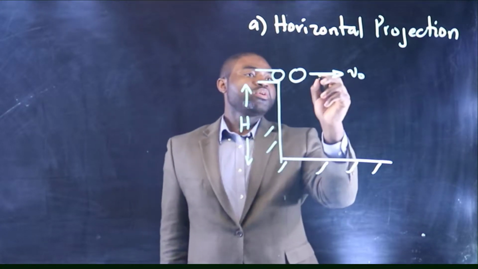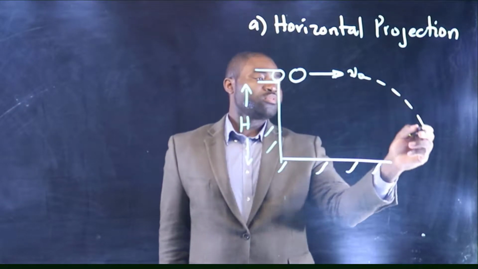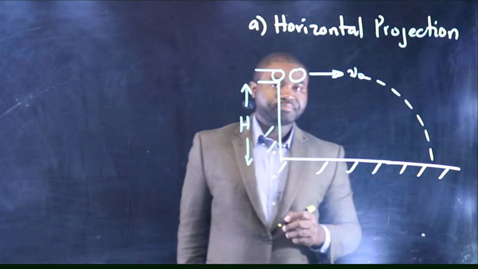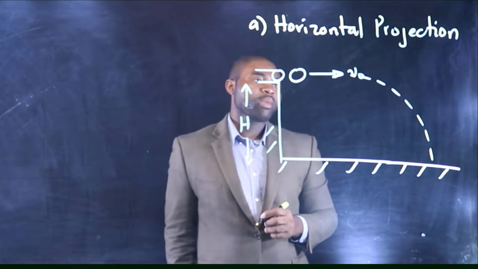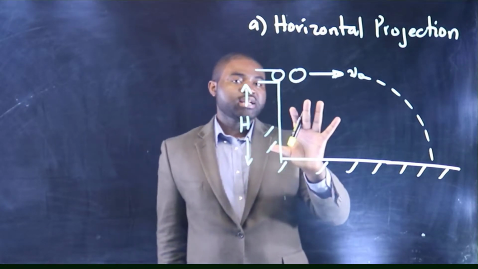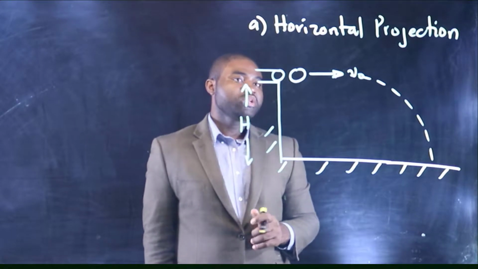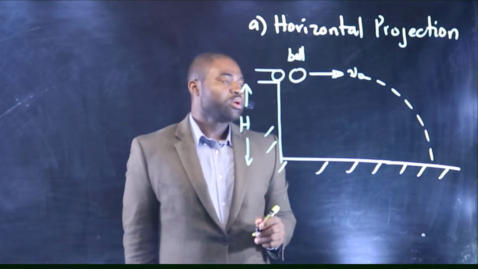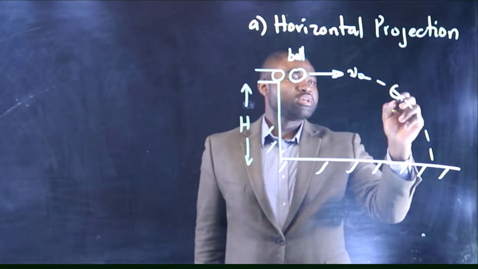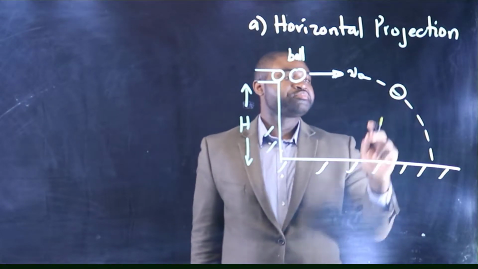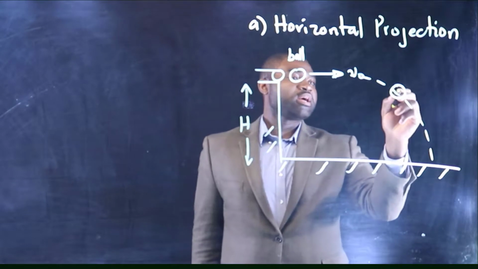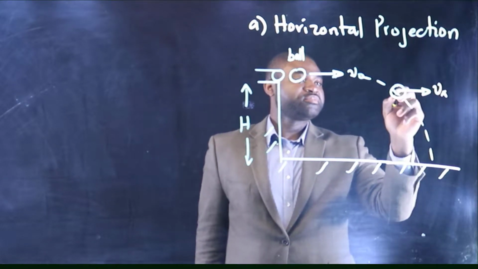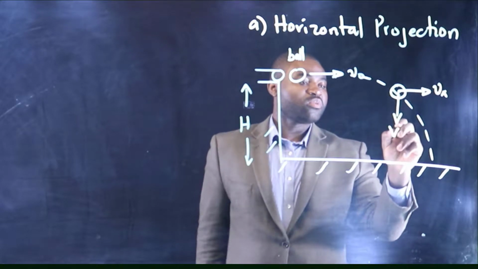Obviously, we know that this ball will follow a certain path as shown right here. Now, how do we analyze the motion of this ball? If we draw the ball, for example, here, the ball will have a velocity in the x direction and a velocity in the y direction.